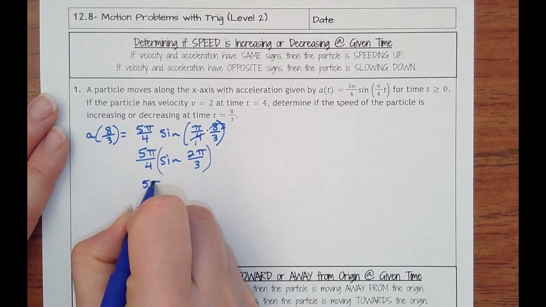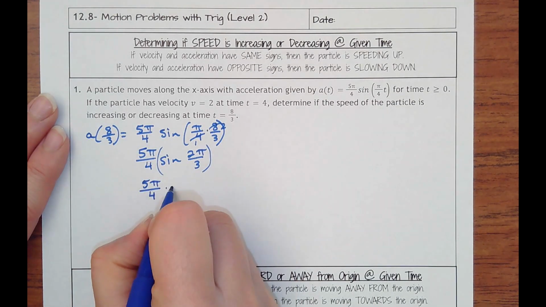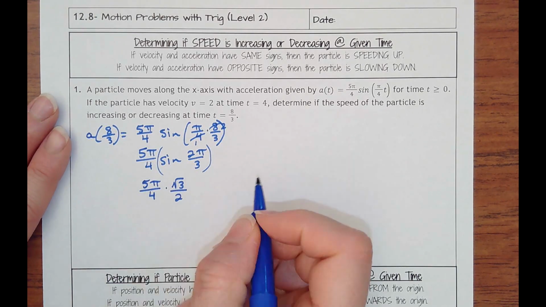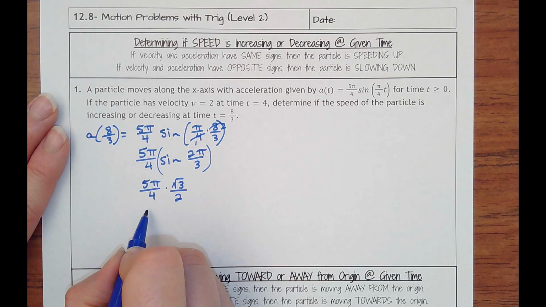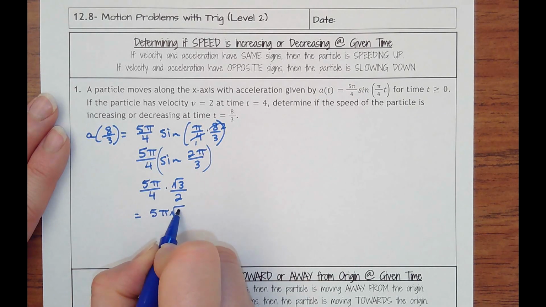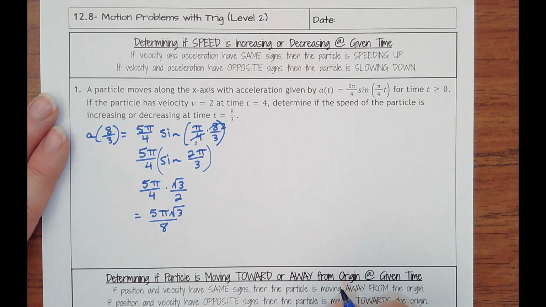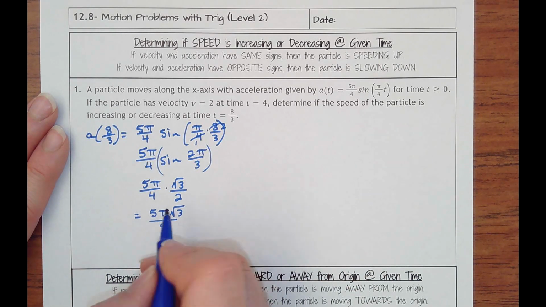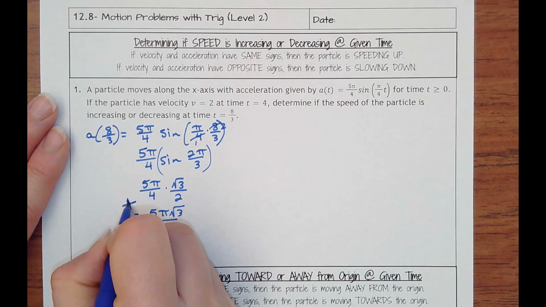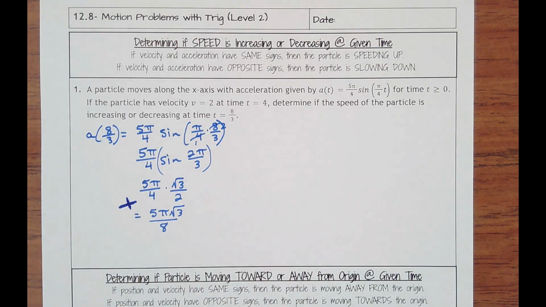So I'd have 5 pi over 4 times square root of 3 over 2, which I can't simplify. It's just 5 pi square root of 3 over 8. But what that tells me is that it's positive. So that is half of the calculating that I need to do.